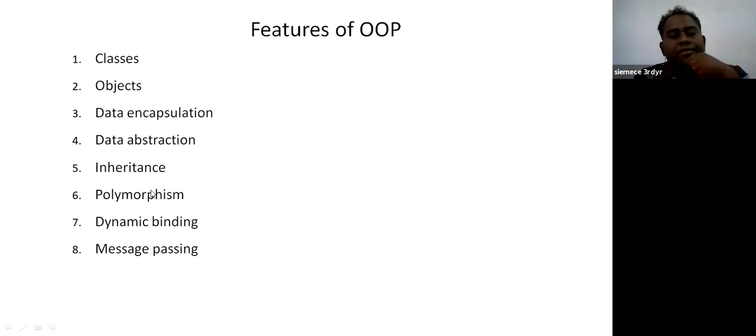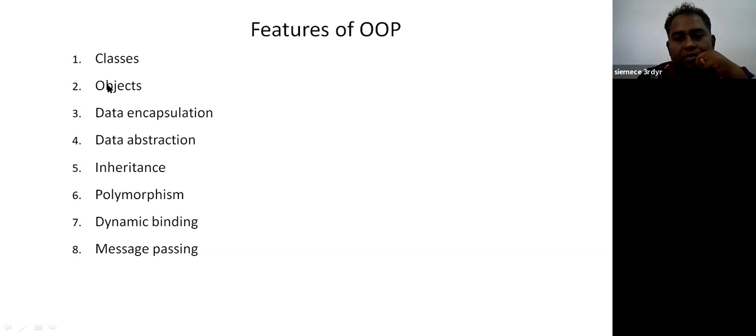Okay. I just explained to you, when I was discussing your syllabus, I told you the features of OOPS. So just note it down. These are basically the features of OOPS. First is the class. I explained all about the class, and I gave you an example of a student class. I have also explained all about an object.